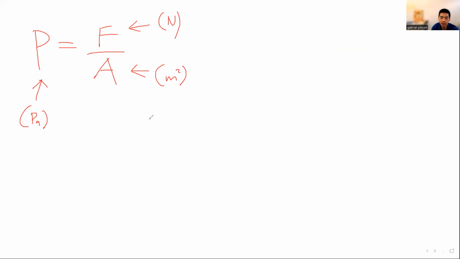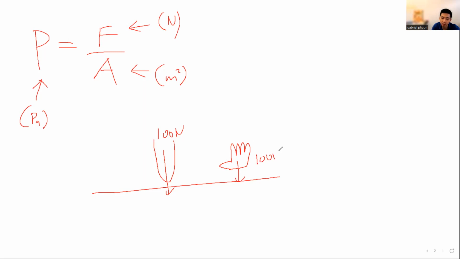We can use very simple examples to check this out. Imagine this is a part of your leg or skin or whatever, right? Imagine using one finger to push down with a force of 100 newtons versus using your whole hand, pushing down with a force of, once again, 100 newtons.